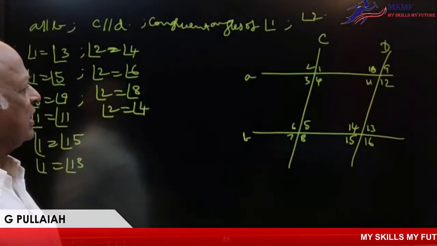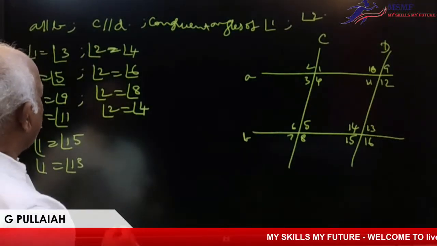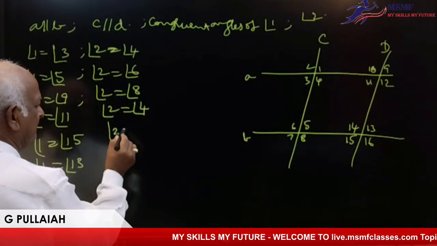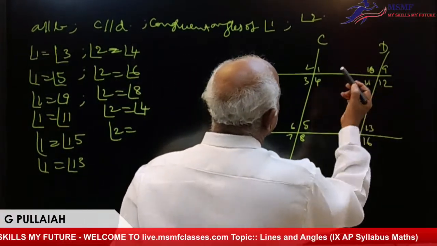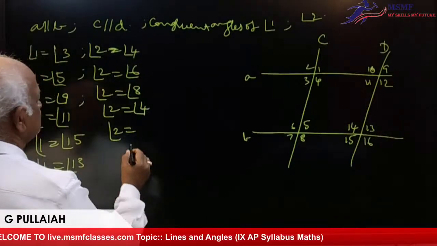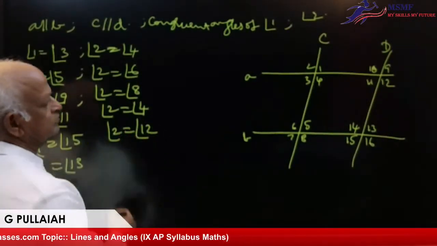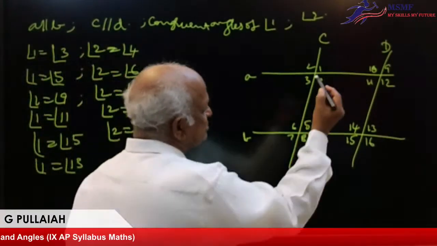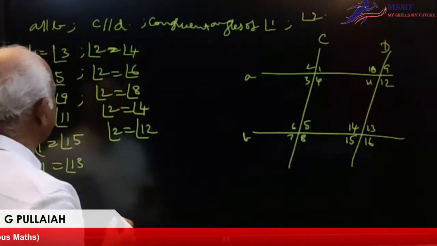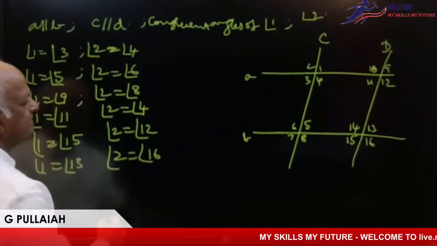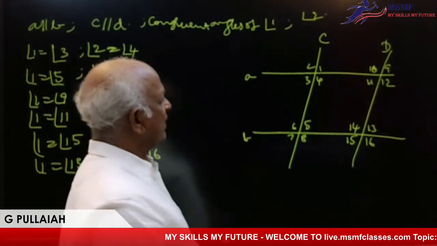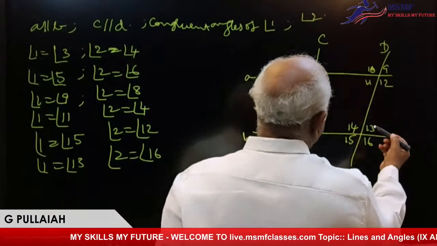Angle 2 is equal to angle 4, and again angle 4 is equal to angle 12. And this 12, again you can take it is equal to angle 16. So here angle 12 is equal to angle 16.